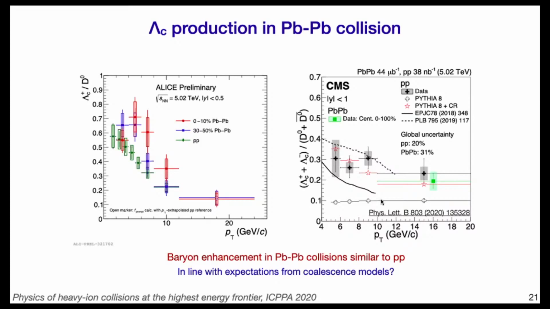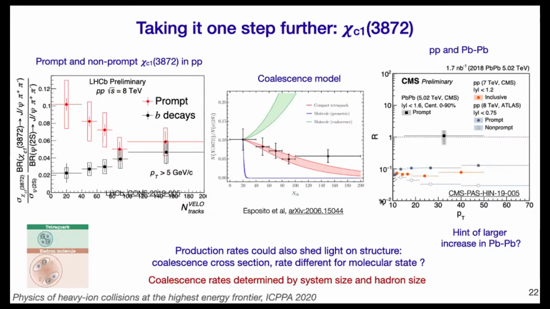Now you can take this one step further, and you can look at the Chi-c, the new tetraquark state that we now measure also in pp collisions as a function of multiplicity, and there's even a first measurement in lead-lead collisions. I just wanted to highlight that here in the middle you see a model comparison where this measurement also gives us information about the nature of this state.